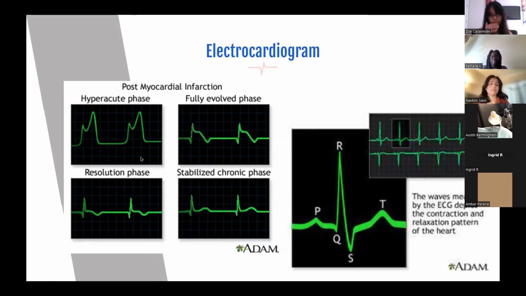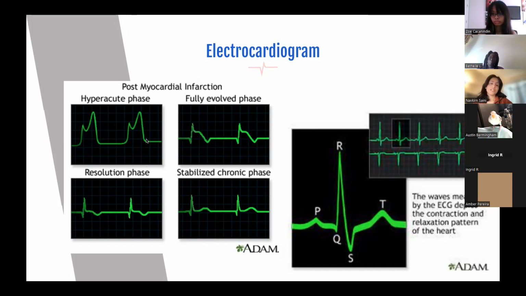But these are the different types of phases that pop up when physicians try to consider how your heart is doing. And if the patient had a heart attack or a myocardial infarction, this is usually the type of phases that will pop up. So if they have a hyperacute phase, this is what will pop up: fully evolved, resolution, and stabilized.